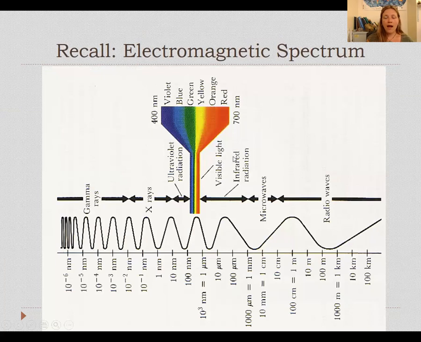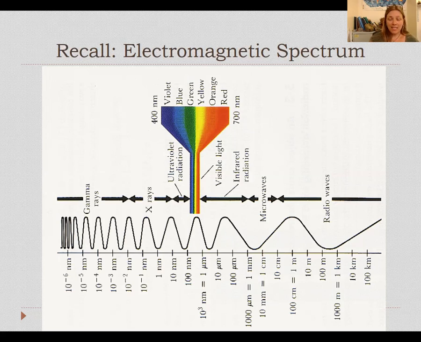Okay, so before we get into some of the details, I want to remind you from before that the energy that arrives here from the sun arrives in different forms. We talked about the electromagnetic spectrum, the different sizes of these electromagnetic energy waves. Visible light is energy that we can see, infrared energy is energy that we can feel, and then there are other types like X-rays, gamma rays and microwaves.